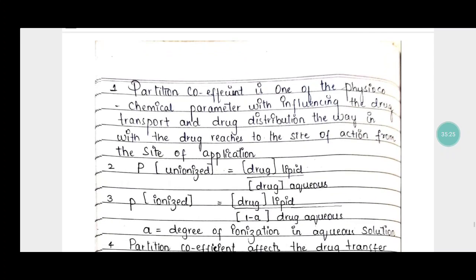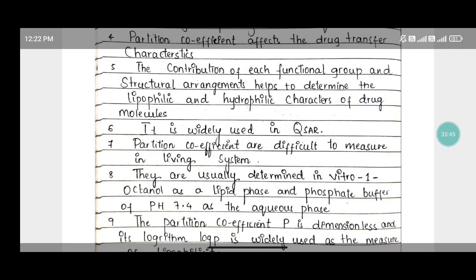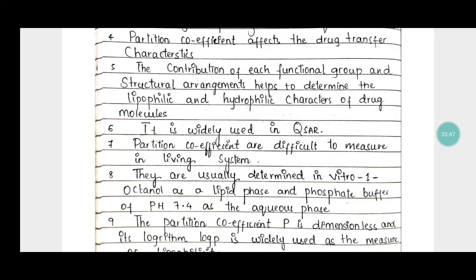Number 1, partition coefficient is one of the physico-chemical parameters influencing drug transport and drug distribution, the way in which the drug reaches the site of action from the site of application. So it is widely used in QSAR, the structure-activity relationship.